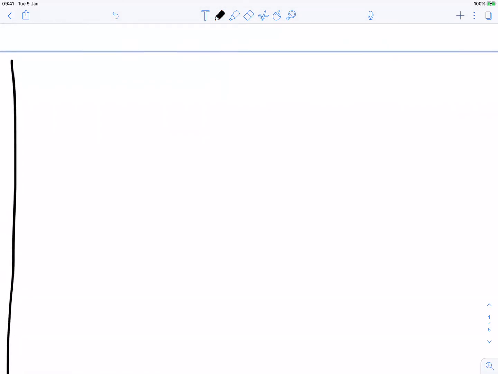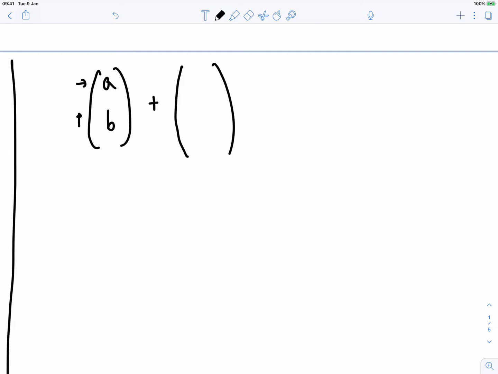So let's say I've got the vector AB, which means I go A to the right and B up, and I'm going to add on another vector, let's say CD, which means I go C to the right and D up. So what does that mean? Well, it means I've got one vector, which goes A along and B up.